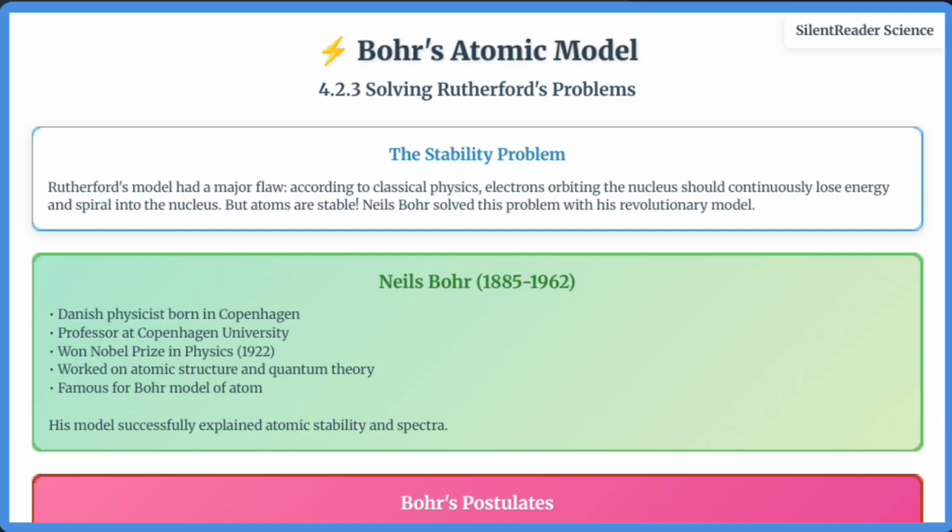In these orbits, electrons don't radiate energy. Energy is only emitted or absorbed when electrons jump between orbits. Bohr labeled these orbits K, L, M, N or n equals 1, 2, 3, 4. This model successfully explained atomic stability and why elements emit light at specific wavelengths. Bohr won the Nobel Prize in 1922 for this work.